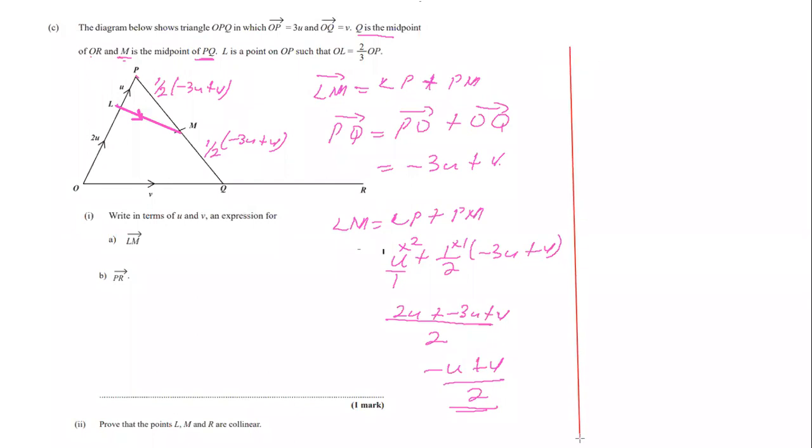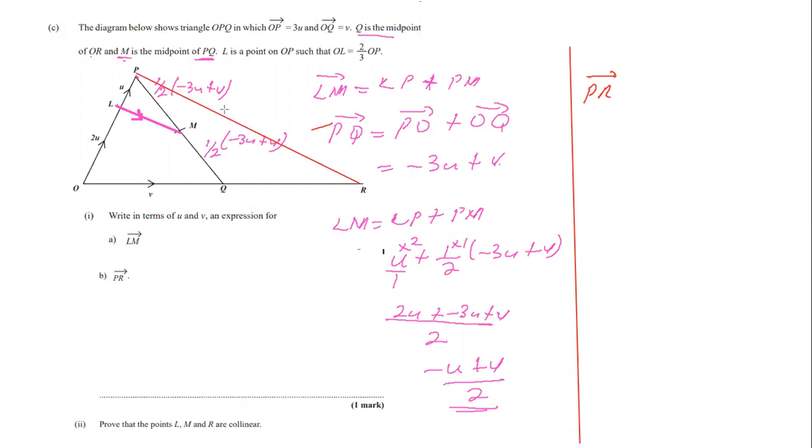All right, where are we? PR. How do you find PR? PQ plus QR. So from P to R, you have to draw a line, right? We draw a line from P to R. Everybody see that?